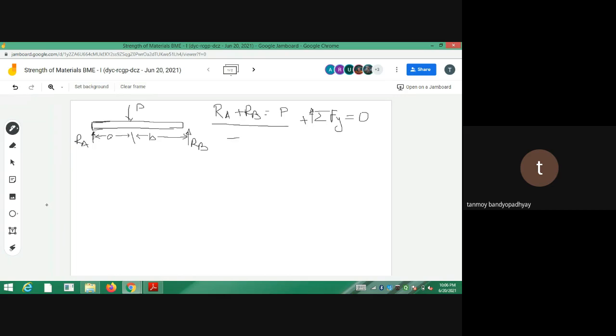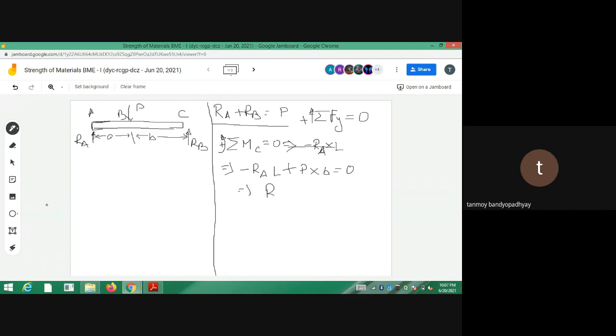Now if I balance the moments, suppose this was A, this was B, this was C. I can balance the moments at the point A or at the point C. If I balance the moments at the point C, taking anti-clockwise as positive, RA into L, since the entire length is L, is a clockwise moment, so minus RA into L, and P causes an anti-clockwise moment, so plus P into b, equal to 0.